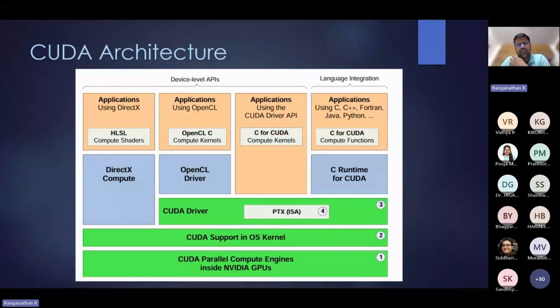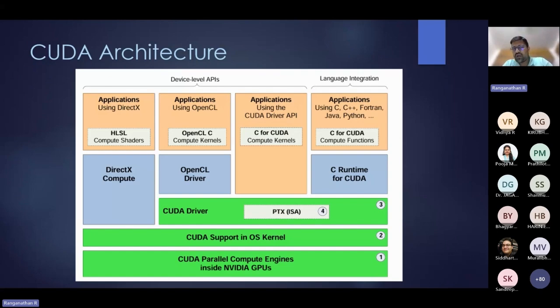So coming back, we were talking about the CUDA architecture, right? So coming back to the memory hierarchy. Again, there are different layers because of which this CUDA is very successful, right? So initially you start with the set of parallel compute engines that is there within the GPUs itself.